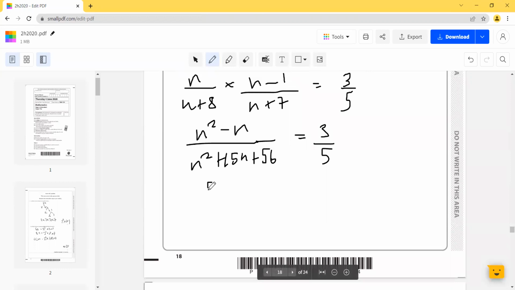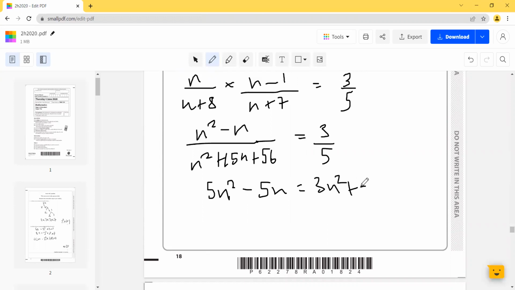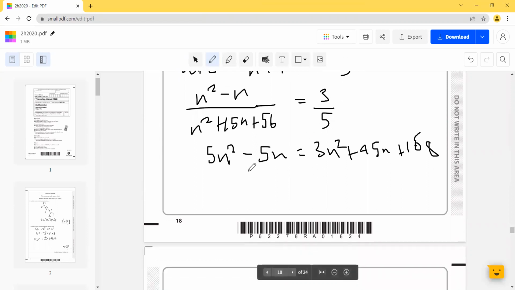Okay, let's carry on with the calculation. So 5n squared minus 5n is equal to 3n squared plus 45n plus 168. I think 56 times 3, 112 plus 56. Yeah, 168.